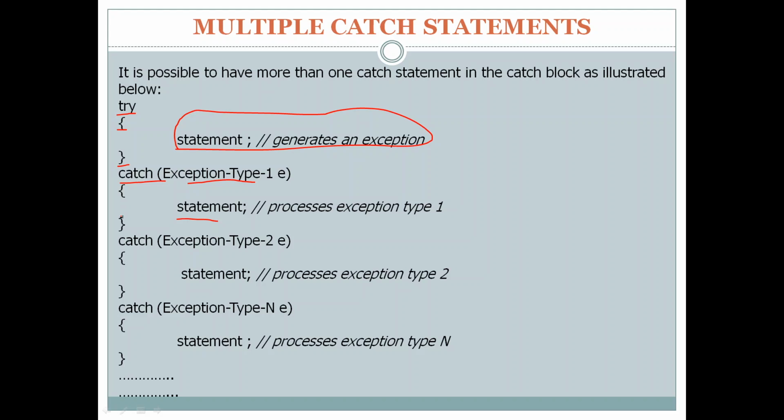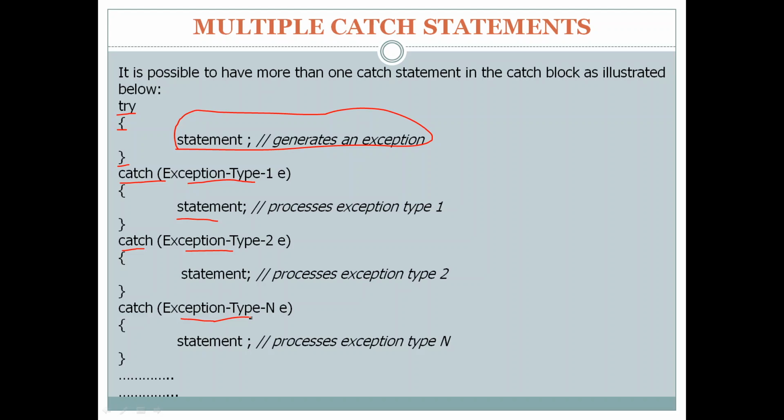So catch 1 is open, catch 1 is close. After closing we have one more catch, and it has to be continuous, remember, catch statements, and this defines a second type of exception. We have one more catch which defines the next type of exception, and so on. Any number of catch statements can be defined, and each of these catch statements may handle a different type of exception.